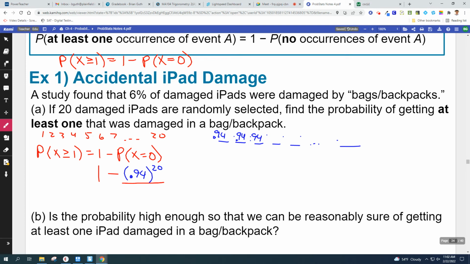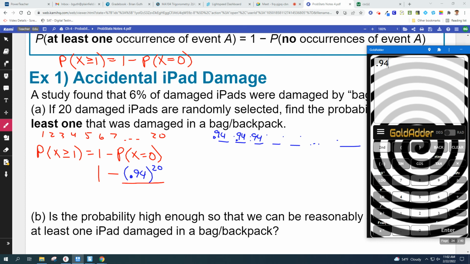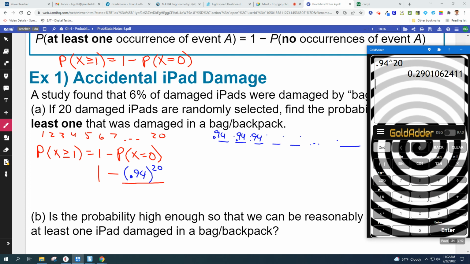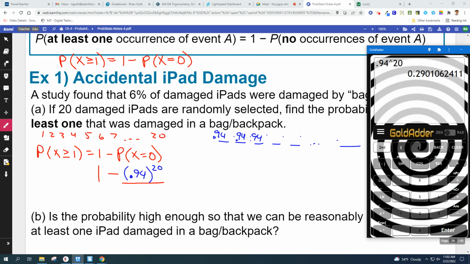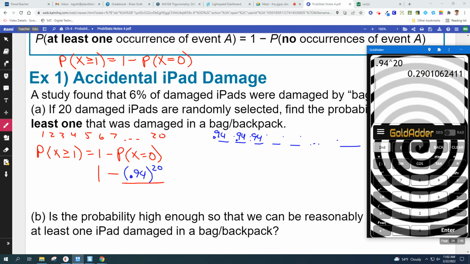The probability of having none damaged is going to be 0.94 to the 20th power. Okay? That's the probability that none of them are damaged. So 0.2901.